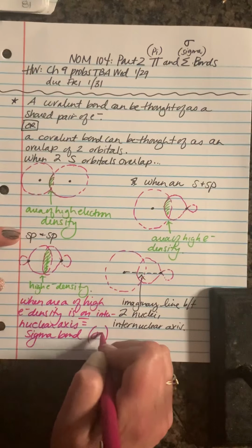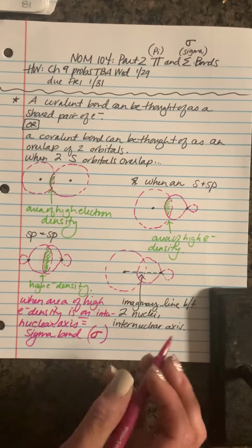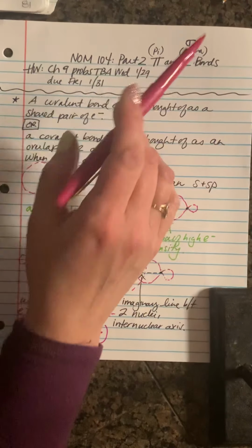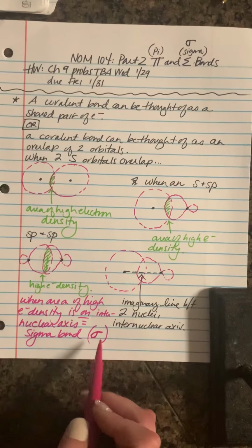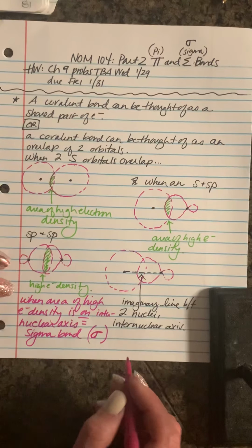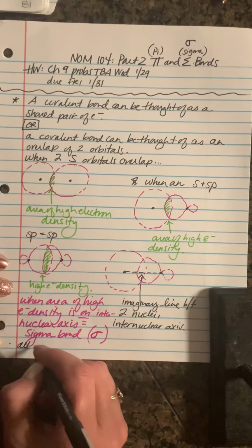And the little symbol for sigma that's used to describe those looks kind of like a sideways little music note. I often write the uppercase sigma as well, but I think in most chemistry textbooks they use the lowercase sigma. Okay, so you want to remember that all single bonds are sigma bonds.